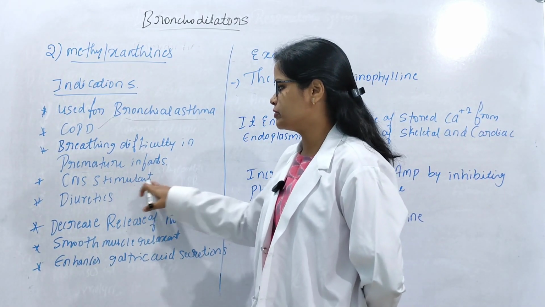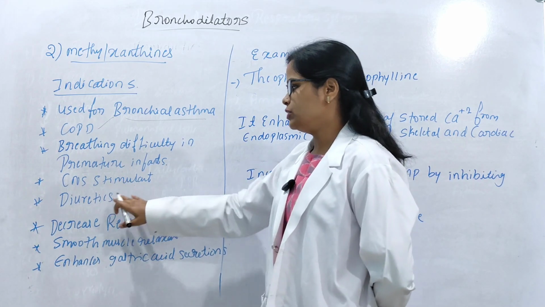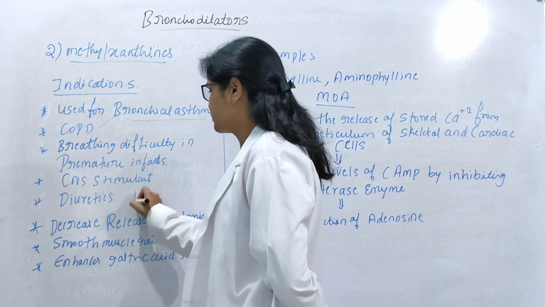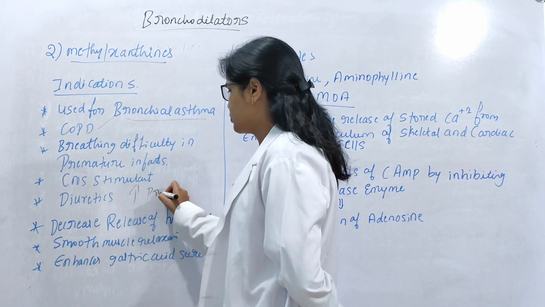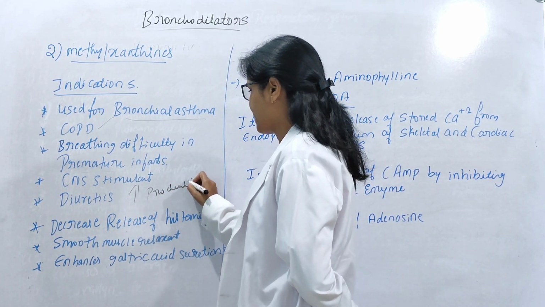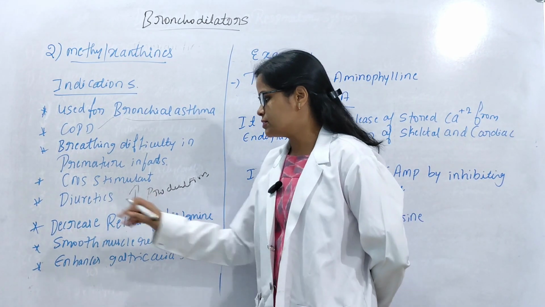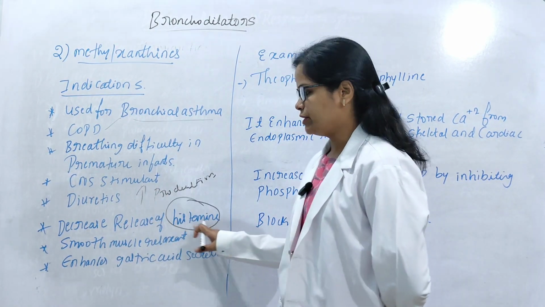Next, central nervous system stimulants. Diuretics. Diuresis is nothing but an increase in the production of urine. And next is decreased release of histamine.